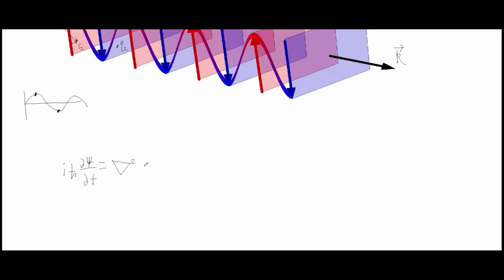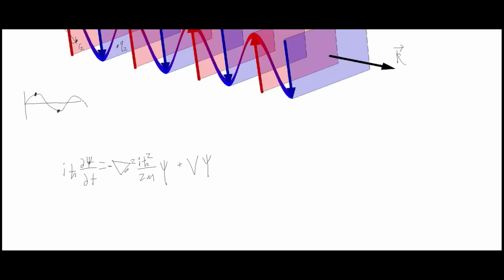Then we will have our h bar squared over 2m, this will be negative, and we still need our i here. And then this will be applied to this wave function plus the potential here with the wave function.